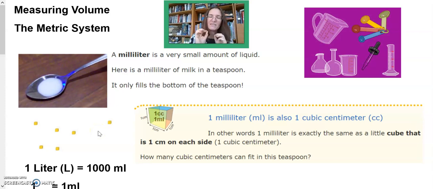Each one of those is a cubic centimeter, and that means it's 1 centimeter across, 1 centimeter up and down, and 1 centimeter in depth. And there are a couple of pictures of them down here. Sometimes, especially in the medical field, they will refer to milliliters as cubic centimeters, or they like to abbreviate that with cc. So these are very small measurements.